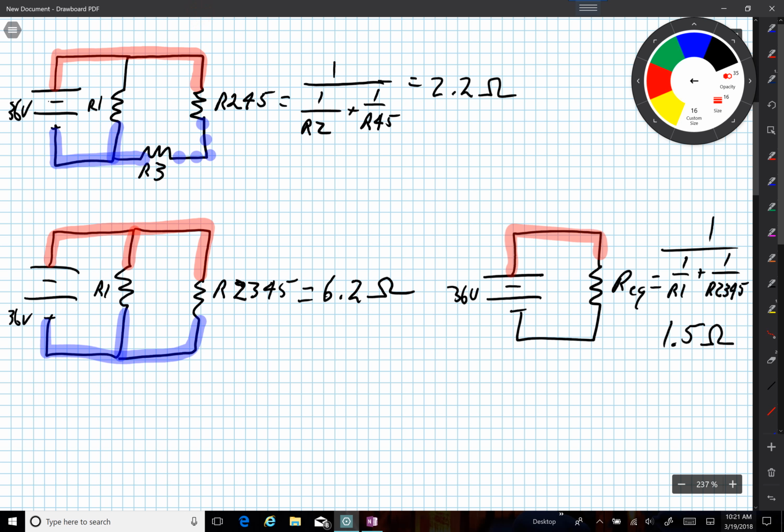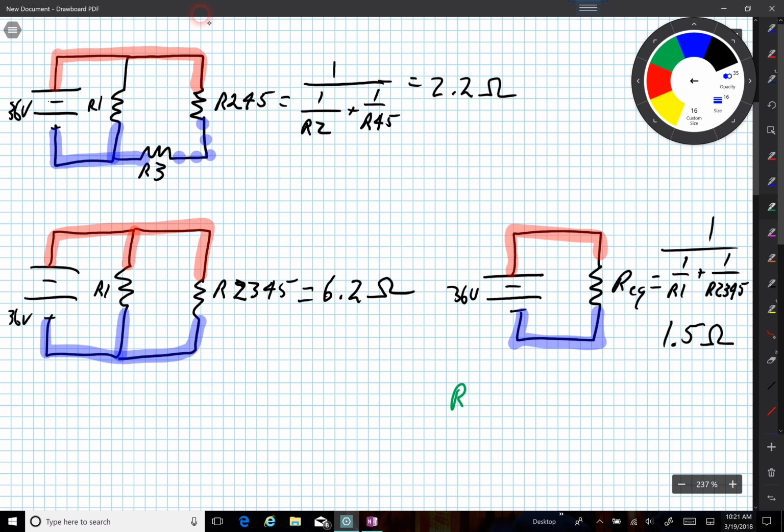And obviously my colors are just like this. So I can see that across here I have 36 volts. And so I can apply my Ohm's law equation to this resistor.